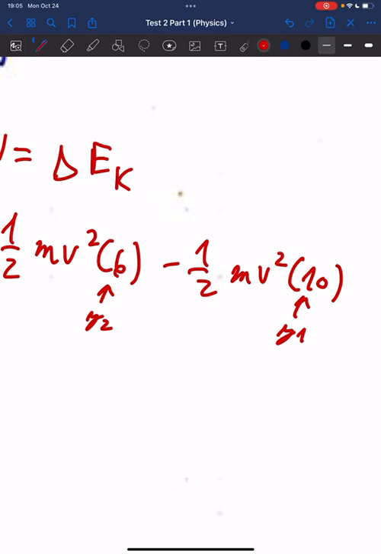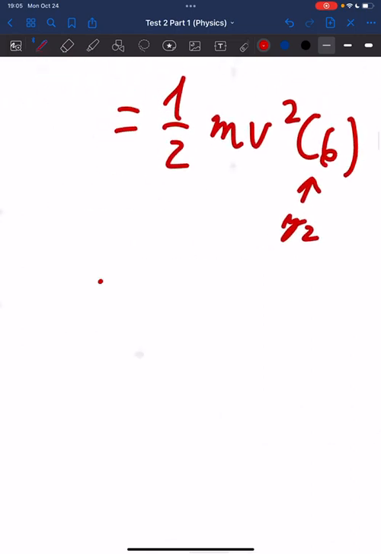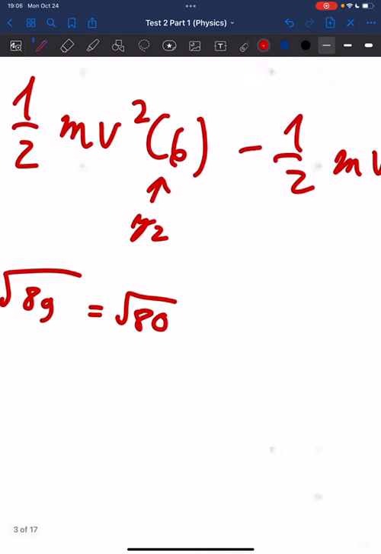So in this case, v equals the square root of 8g, which equals the square root of 80. It's about, not 80, 81, which equals 9 meters per second.